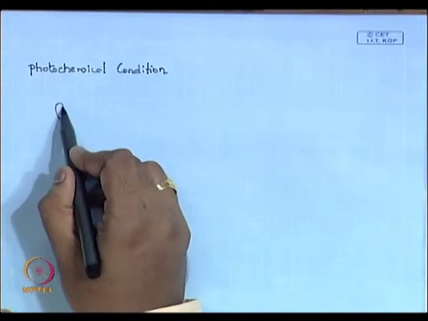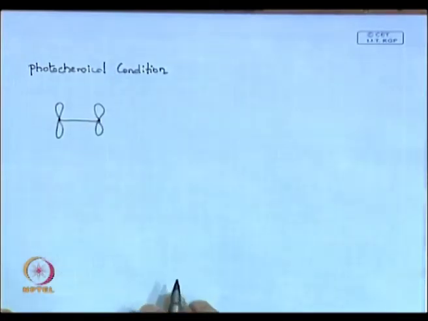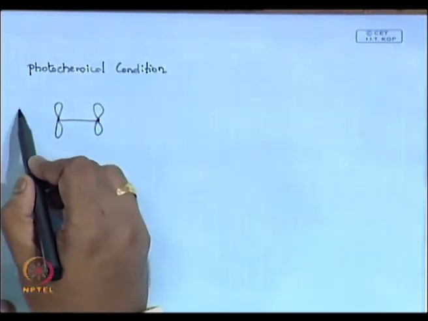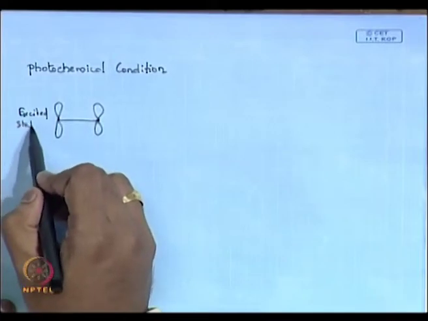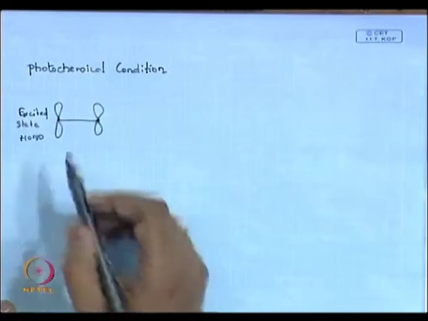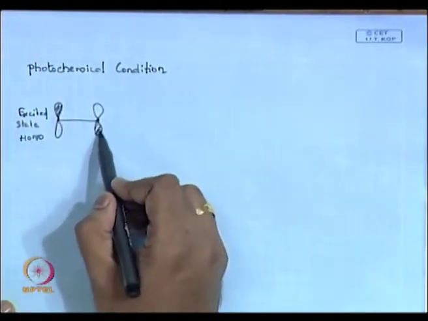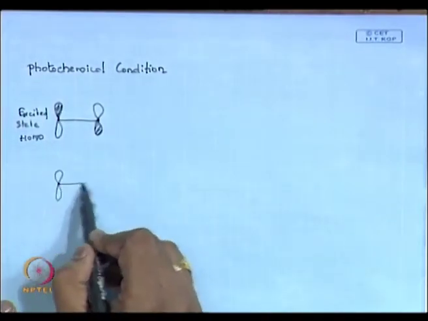Now, under photochemical condition, what happens, you will write now the excited state HOMO, because you are exciting one of the alkenes. So, you will be writing the excited state HOMO and you will be writing the LUMO of your other system.